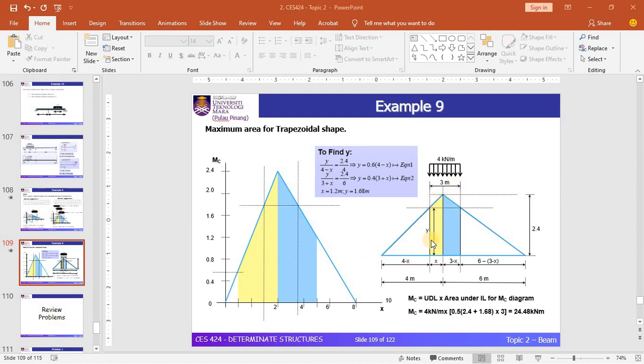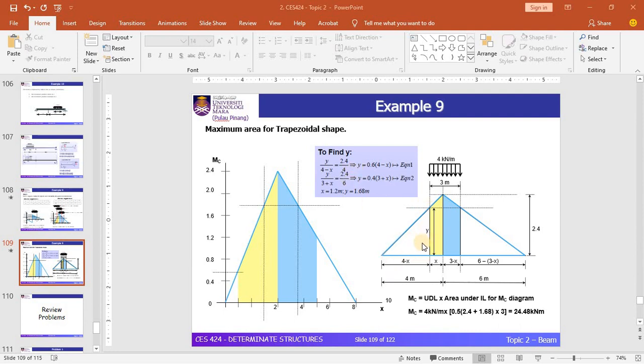Basically, you can solve for x and y by using these triangles. The first equation can be obtained from the ratio between the triangles. For instance, y over 4 minus x comes from this triangle.